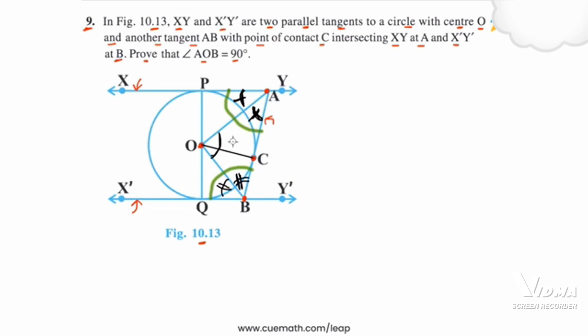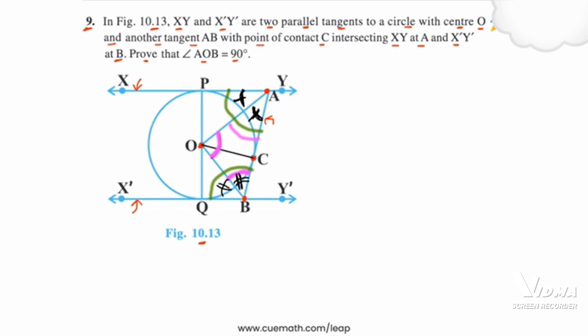But what is the half of their sum? If you take half of angle PAC, you get angle OAC, which is this angle, and if you take half of angle QBC, you get angle OBC, which is this angle. So OAC and OBC add up to 90 degrees, and from there, using the angle sum property, it follows that this angle must also be equal to 90 degrees. So this is the proof.